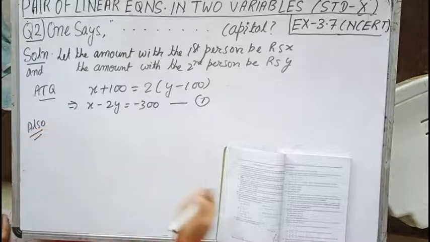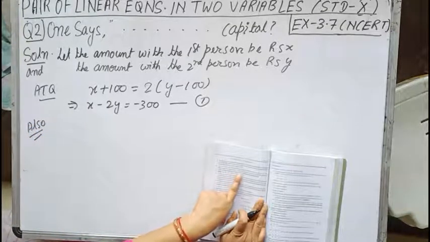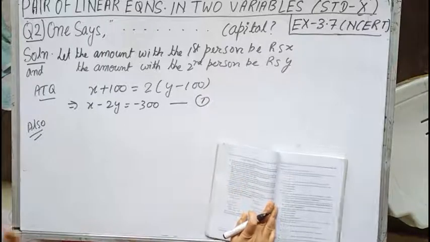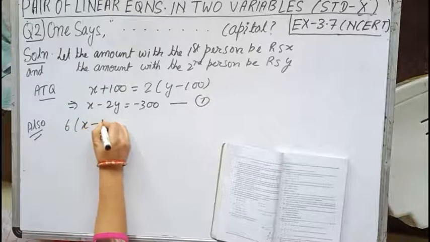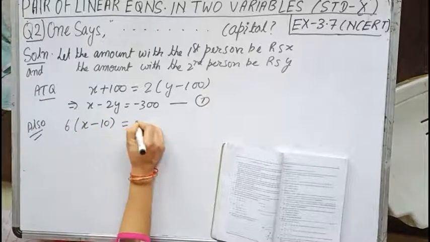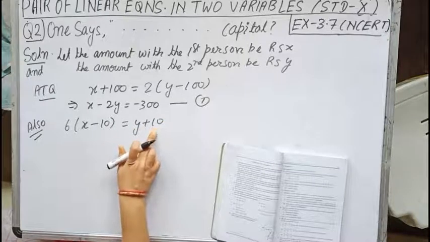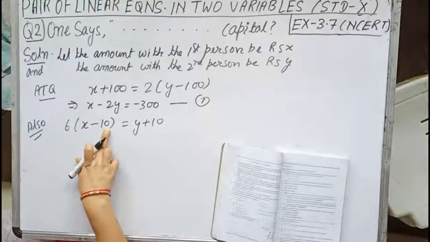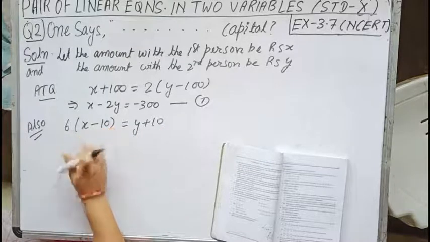Also, let us go to the second condition. The second condition is, the other replies, if you give me 10, I shall be 6 times as rich as you. So over here 6 times y minus 10 equals x plus 10. Second person, if it gets rupees 10 and the first person gives rupees 10, then the second person will be 6 times as rich as the first person.